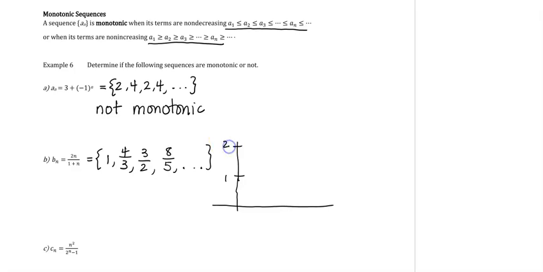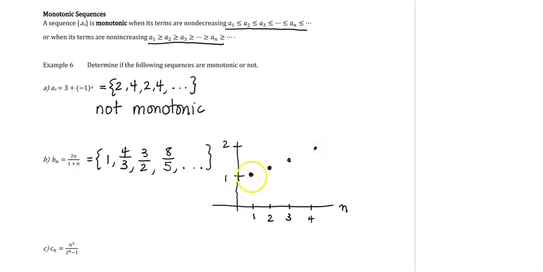There's 1 and there's 2. Along the x-axis, I'm really showing n values. When n is equal to 1, the sequence was 1. When n was equal to 2, the sequence was 4/3, which is a little bigger than 1. When n is 3, the sequence is 3/2, which is 1.5. When n is 4, we were up at 8/5.